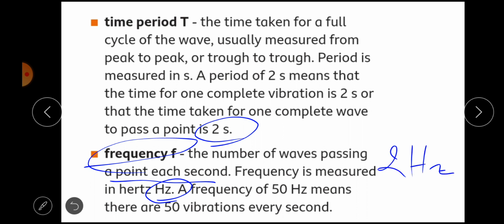It means there are 2 waves passing a point in 1 second. So you should note that frequency is always the number of waves per second. When we say time, it is just the general time, period. It is just the general time taken by a wave to complete 1 cycle.